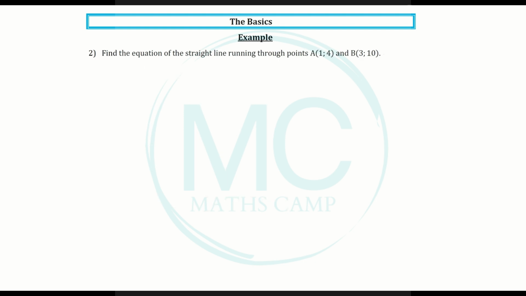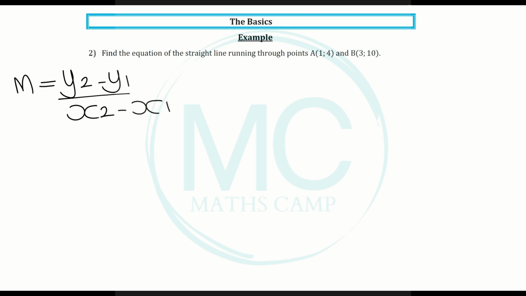Let's do another one. Find the equation of the straight line running through points A, 1, 4, and B, 3, 10. We need the coordinates of 1 point and the gradient. In this case, we have 2 points, so we can use these 2 points to find the gradient. So we can say m is equal to y2 minus y1 over x2 minus x1.